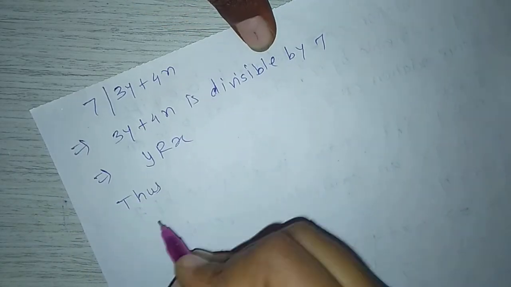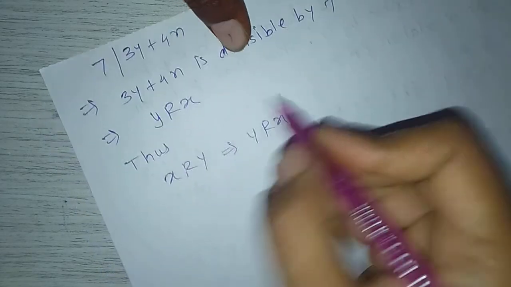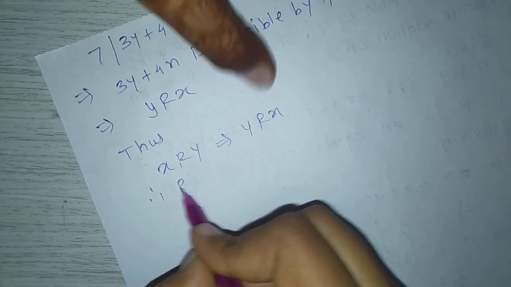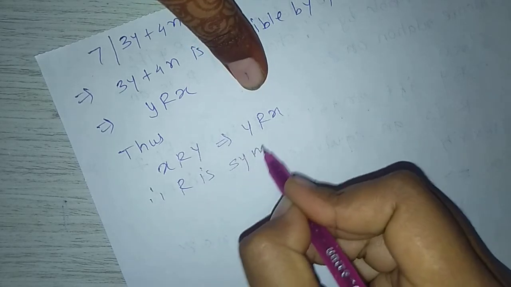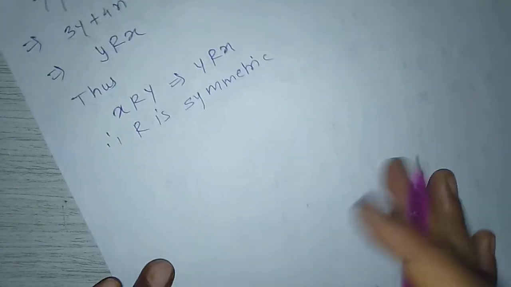Thus, if x relates to y implies y relates to x, therefore R is symmetric.